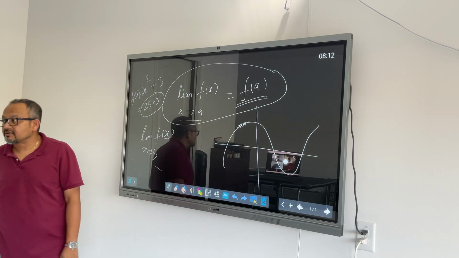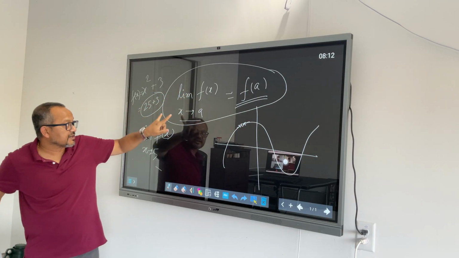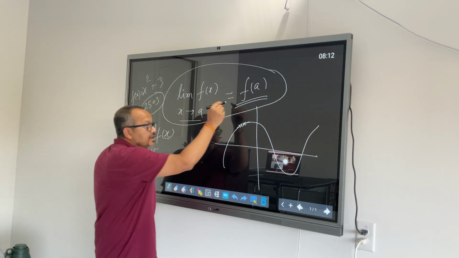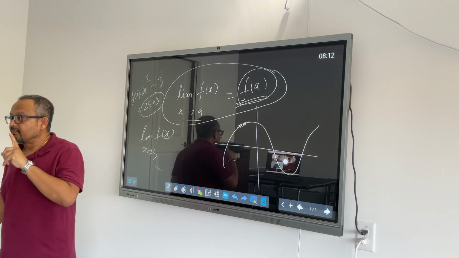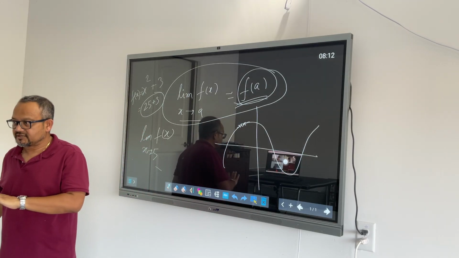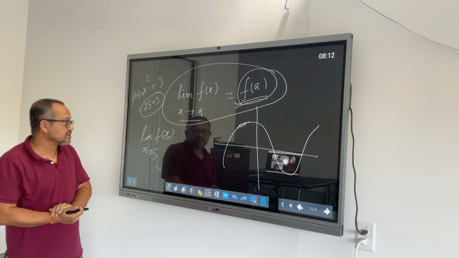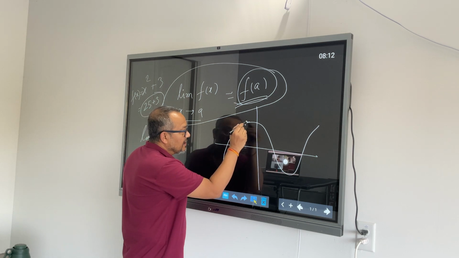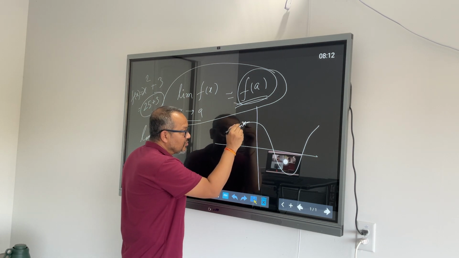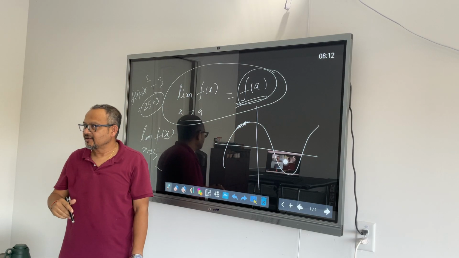In 99% of the cases, the limit of the function as x approaches a and the value of the function at x equal to a will be the same, provided the function is continuous. If the function is not continuous, then we look at whether I am being continuous before and after, or there is a break.